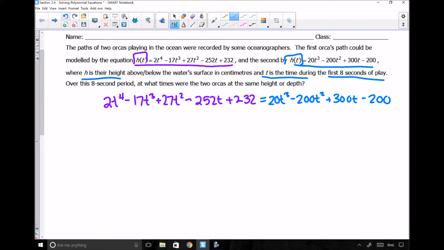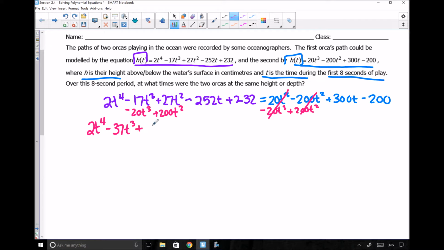So let's go ahead and do this. This 2t to the power of 4 has nothing like it, so I'm just going to keep it 2t to the power of 4. Now I'm going to get rid of this 20t cubed by subtracting it from this negative 17t cubed. So when I subtract it, I end up getting negative 37t cubed, right? Because I'm going to subtract 20t cubed here and subtract 20t cubed here, okay? I'm going to add this 200t squared on this side to cancel it out, but whatever I do to one side, I do to the other side.